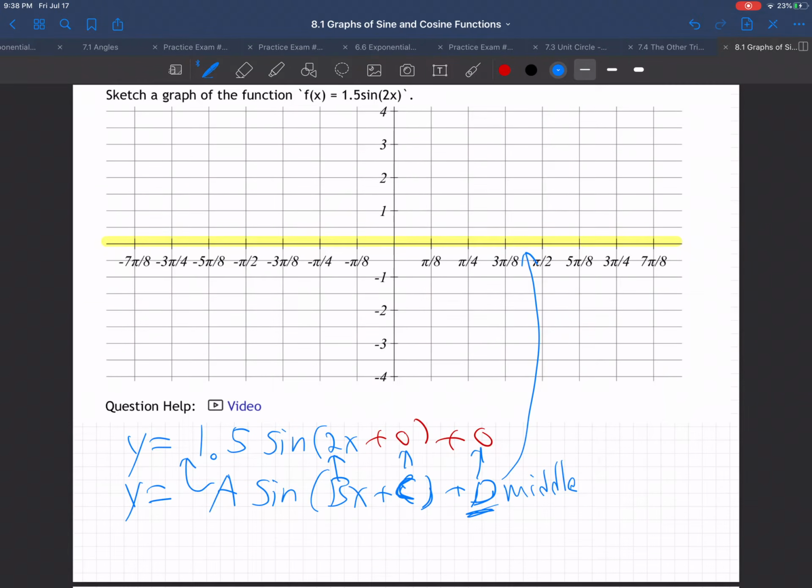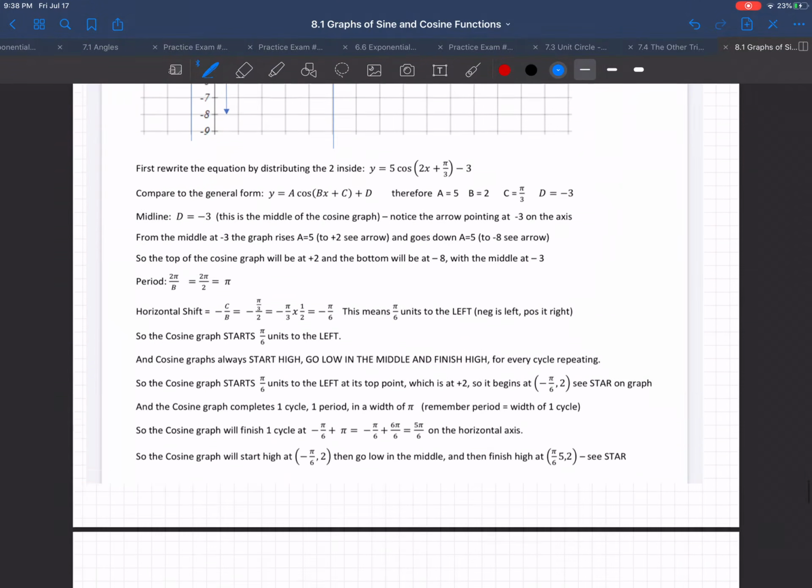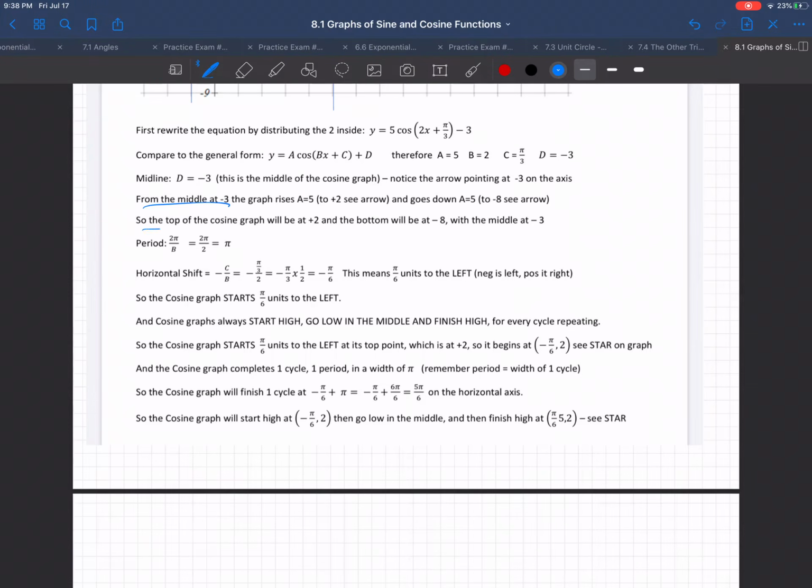From that midline, A is 1.5, so our graph is going to go up 1.5 and down 1.5. That's what the amplitude does. Okay, we found the top and the bottom.